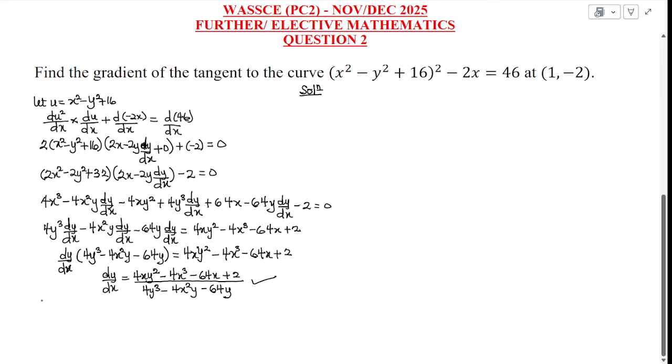Then I move on to the point where they are saying x is 1 and y is −2.